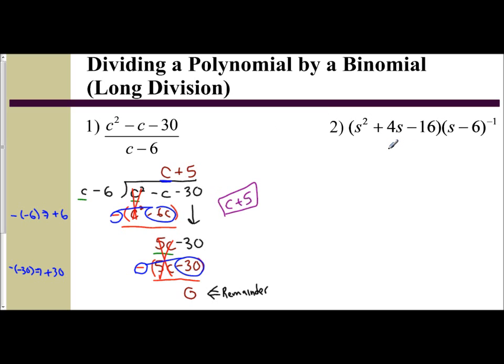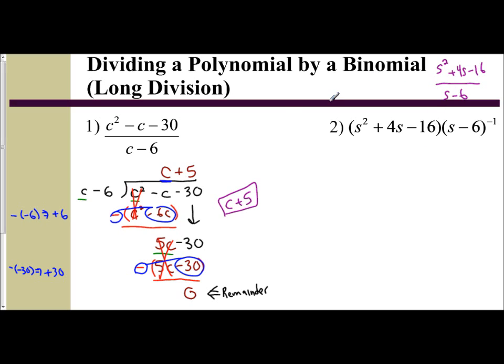Now, if we look at number 2, you may think, well, it's set up a little bit differently. This isn't long division, but remember, a negative exponent actually means you move it to the bottom. And so really, I'll put this example up here. It's s squared plus 4s minus 16, and the negative exponent means this whole parentheses gets moved to the bottom.